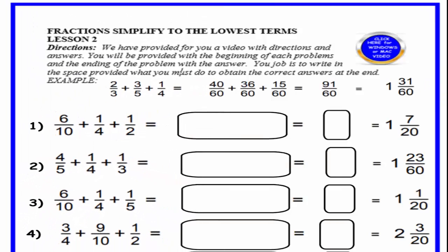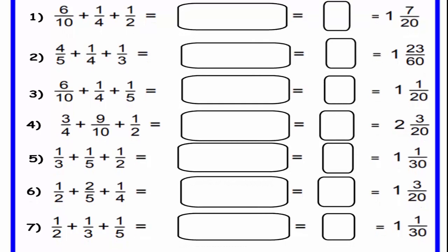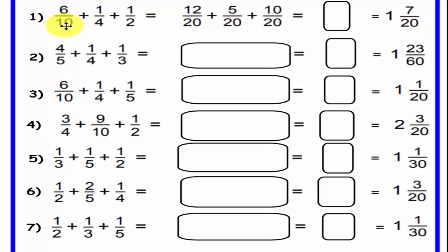Okay, welcome back. Let's slide down and see how well you did. Now we can speed things up here because there's some large numbers. 6/10 plus 1/4 plus 1/2 equals, and you know the common denominator is going to be 20, right? So you already know how many times is 10 going into 20? 2.